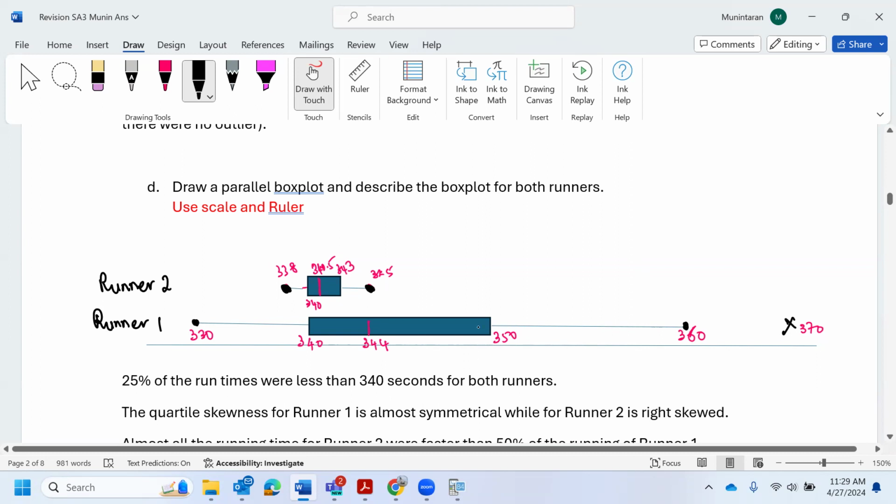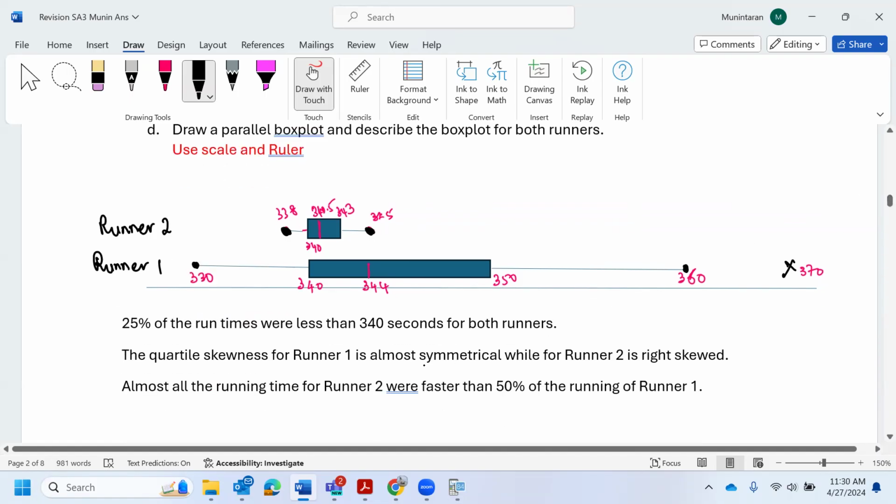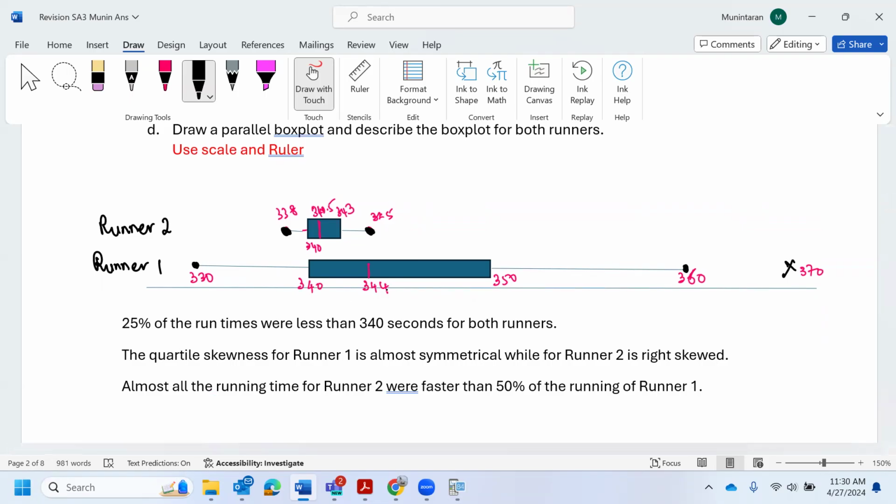In terms of the quartile skewness, you can see that runner 1 is almost symmetrical, because my drawing is a bit out, I guess. 340, there's only 4, and here is 6. I use the word almost, but if you are not comfortable with that, you also can just say right skewed.